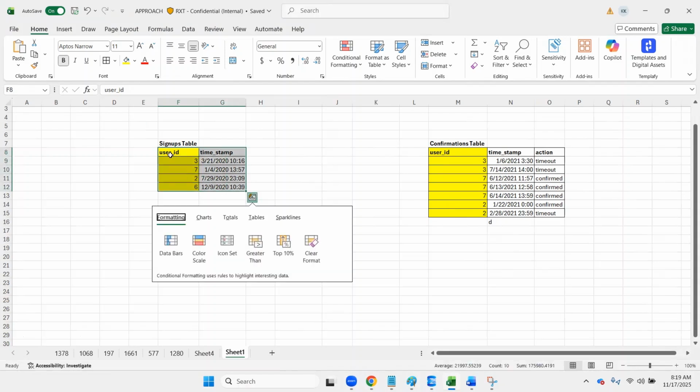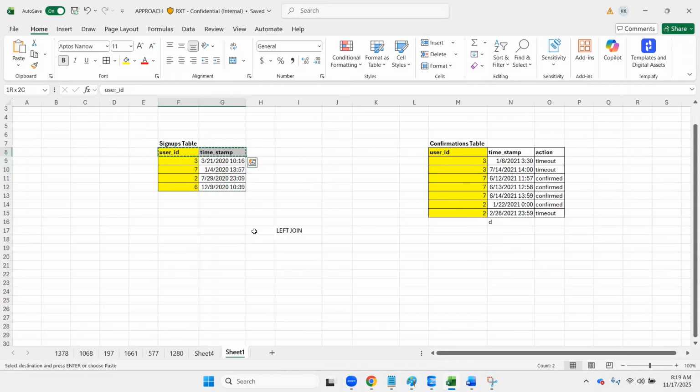So I'm taking this one here and these columns as well. So let me check whether 3 is available in this one or not. So available, so I'm taking this record.